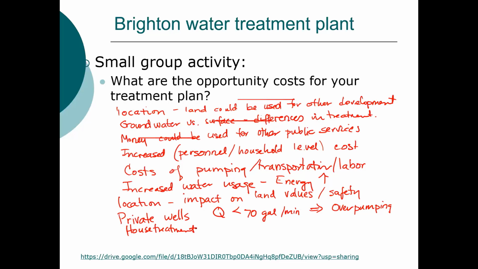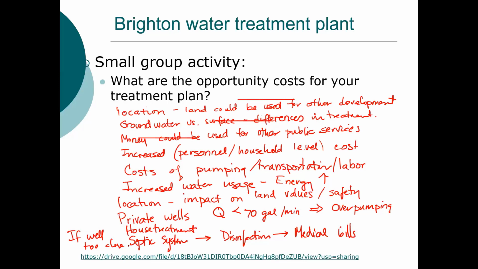There's the potential, actually, if our wells are too close to the septic system, we may need disinfection. And if people get sick because they don't have disinfection, there's the potential for medical bills. So again, if the well is too close to the septic system, we have the potential for contamination.